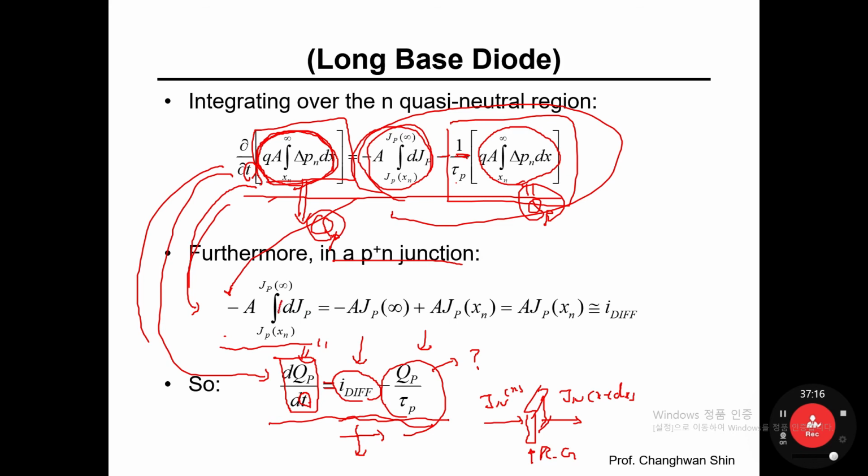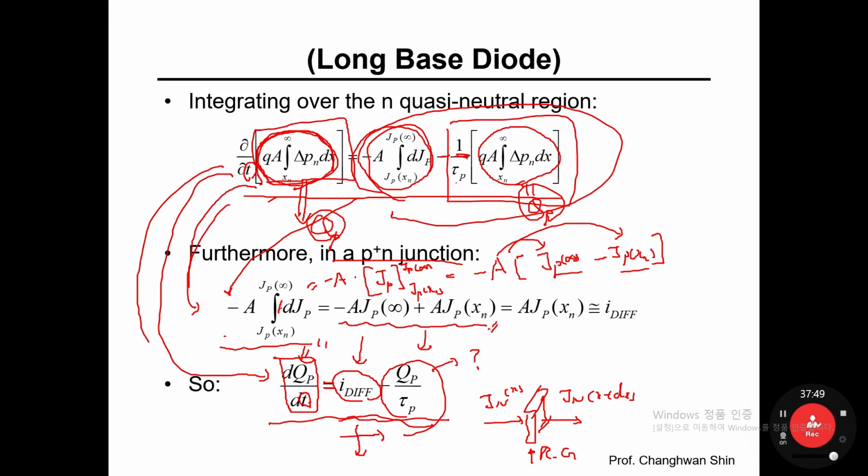Here 1 is there, so minus a times the integral of jp from xn to infinity, then minus a times jp at infinity minus jp at xn. Then minus a is multiplied to each term, and you're going to get this equation.